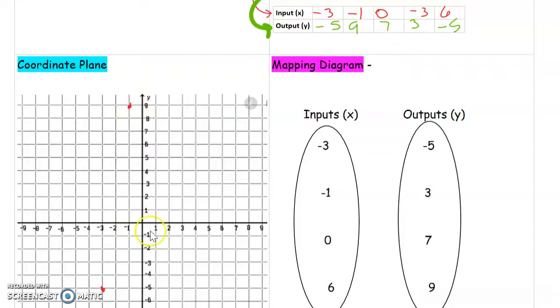Then 0, 7, so over 0, up 7. We have -3, 3, so -3, up 3. We have 6, -5. And that was it: 1, 2, 3, 4, 5 points.